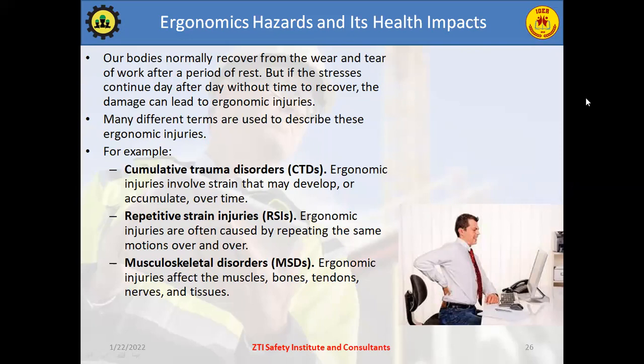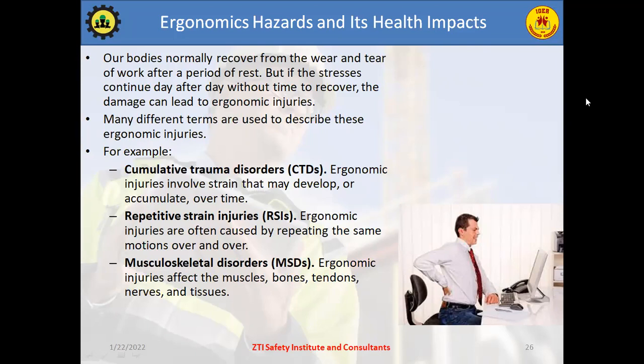Another example is using the mouse when you are working with your desktop computer or laptop. If you are not changing your posture or the position of your hand, you may develop a tingling sensation in your small finger and also in your wrist.